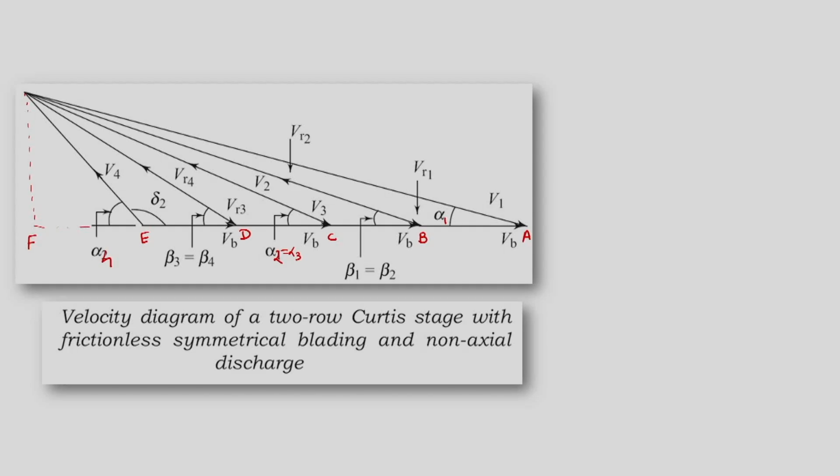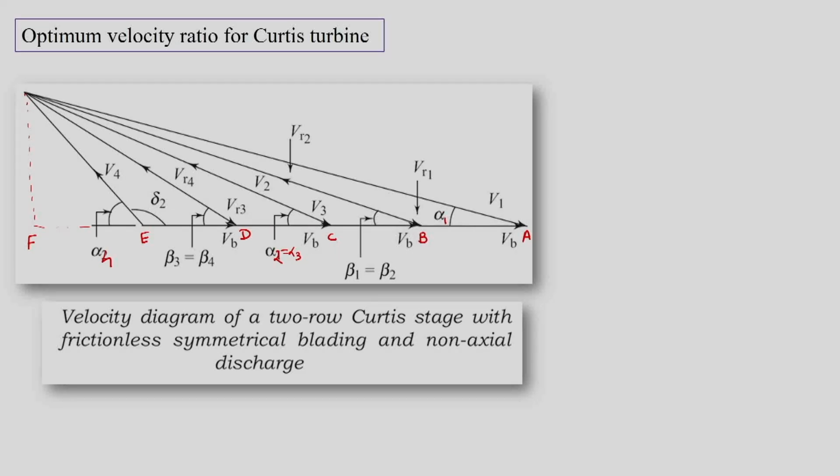Now let us find out various quantities for this first, and our objective is to work out the optimum velocity ratio for Curtis turbine. The reason is as follows. We know that total work done is equal to m dot into VB into the sum over i equal to 1 to 2 of delta VWi.